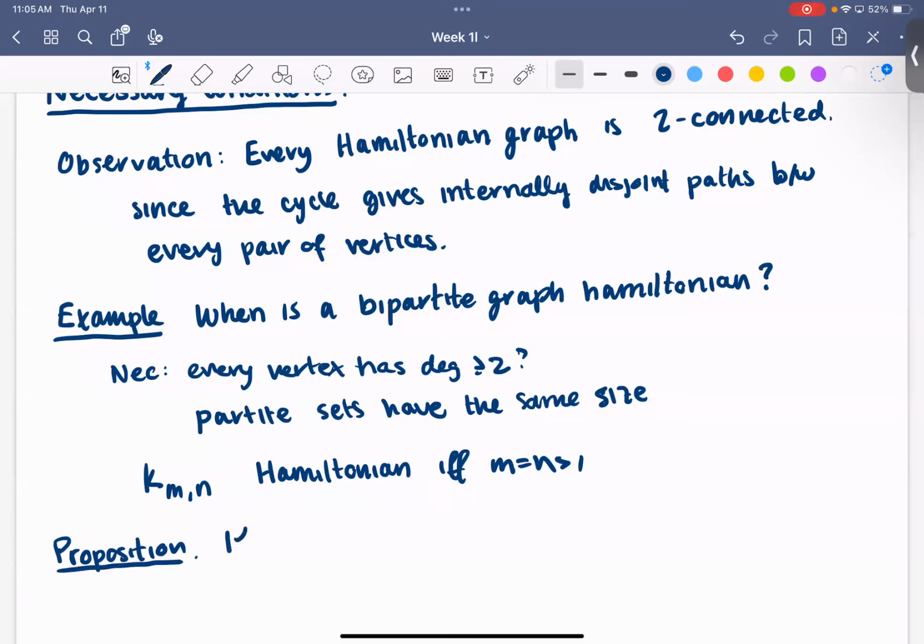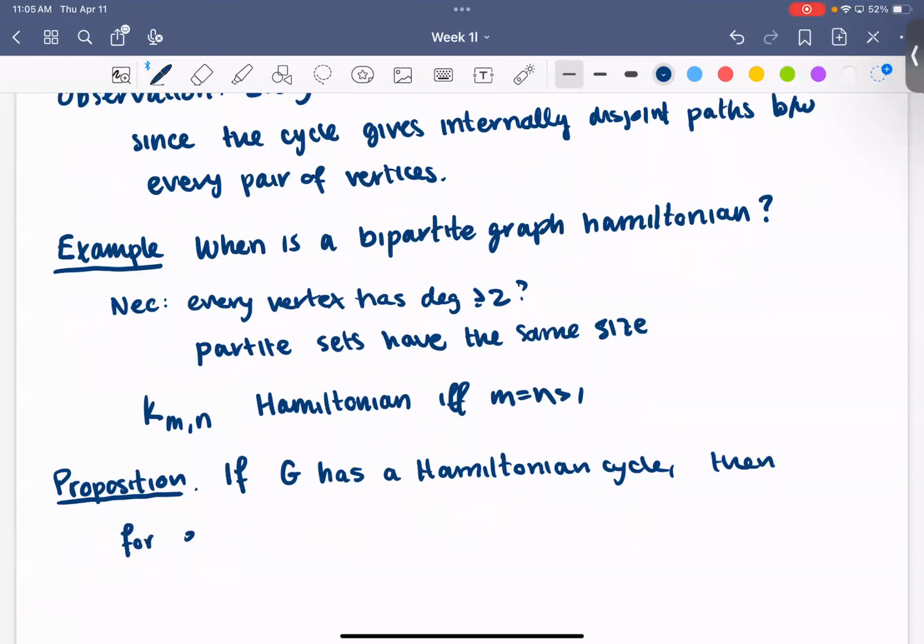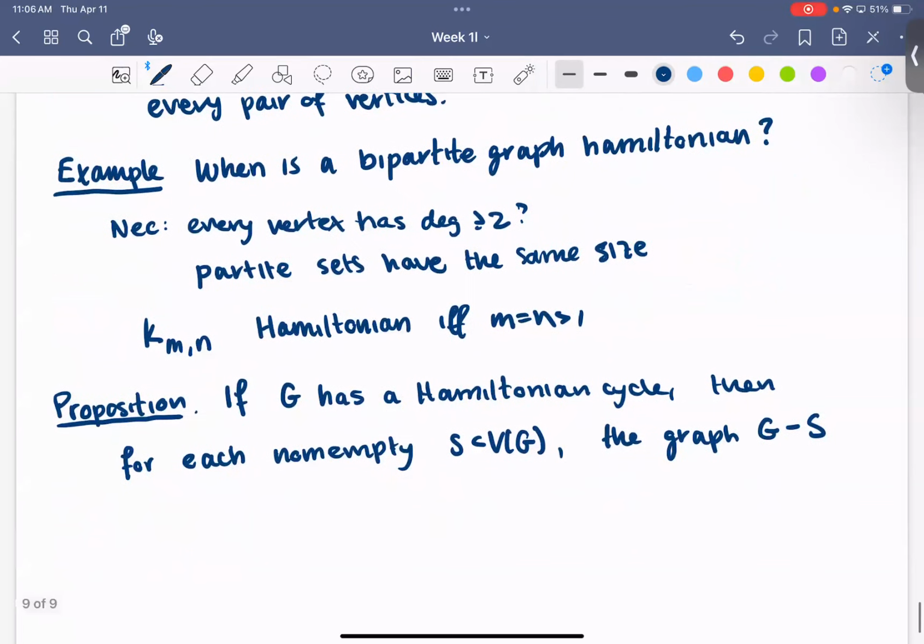It says that if your graph G has a Hamiltonian cycle, then for each non-empty subset S of the vertices, the graph G minus S has at most |S| many components.